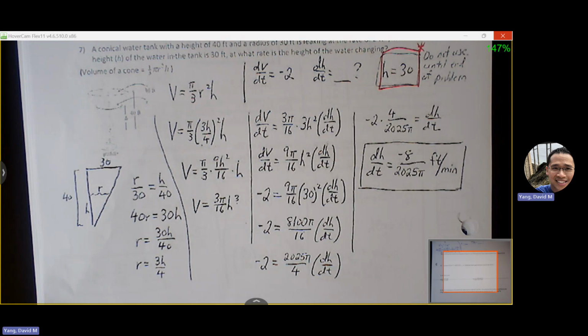And I get -8 over 2025 pi, with pi staying in the denominator. Any questions?